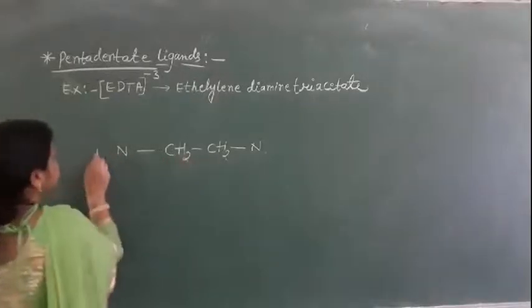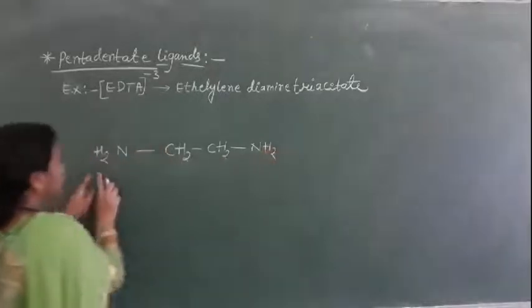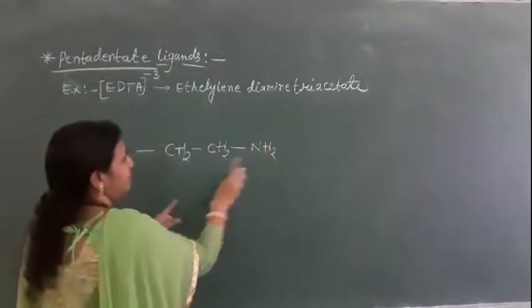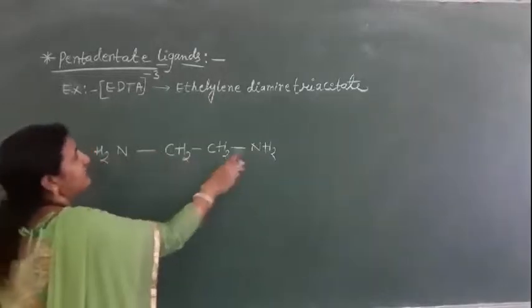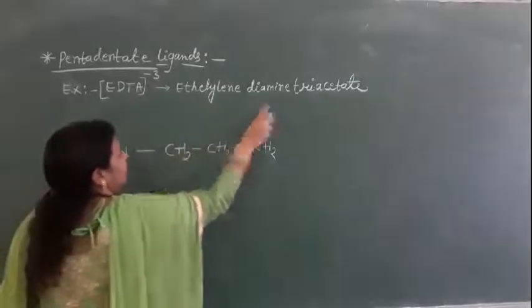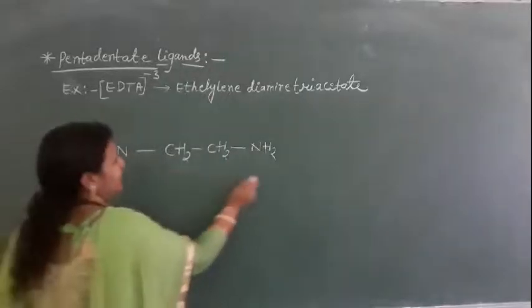How will we write the structure here? This is our CH2, CH2, NH2, NH2. What is this one? Ethylene diamine. We have written ethylene diamine. Now what you have to do? Triacetate is given here.